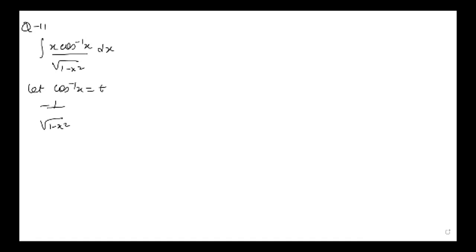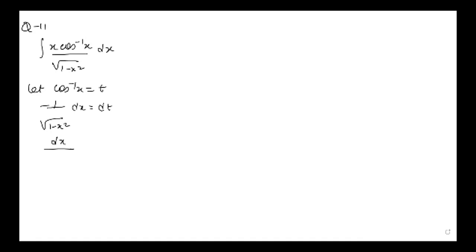Let's understand the 11th question, where integration of x cos inverse x upon root 1 minus x square dx is given. So here I will assume cos inverse x as t. So minus 1 upon root 1 minus x square dx will be my dt.